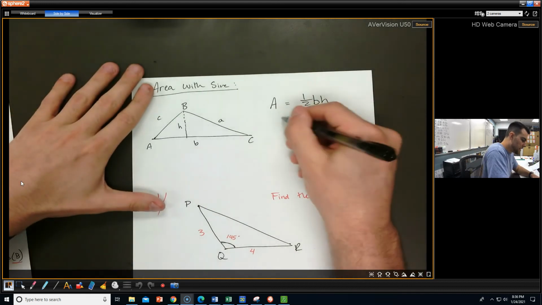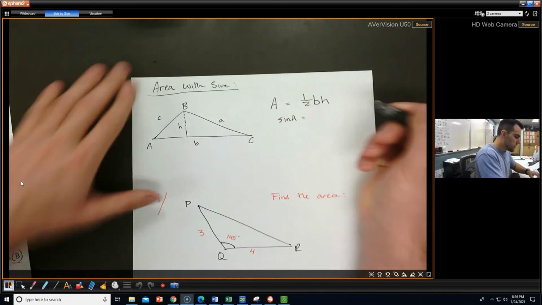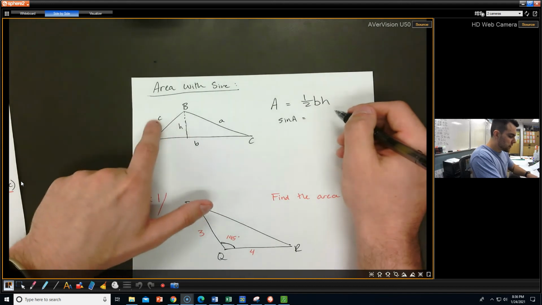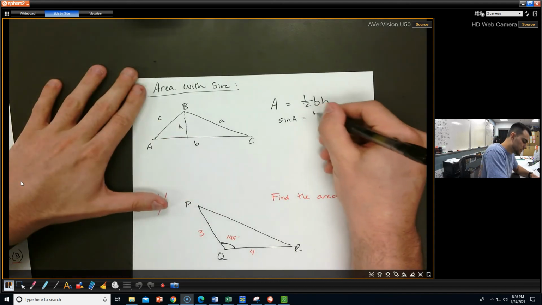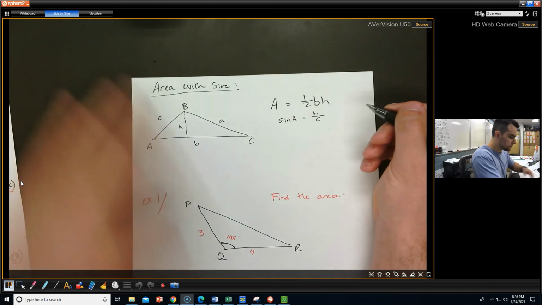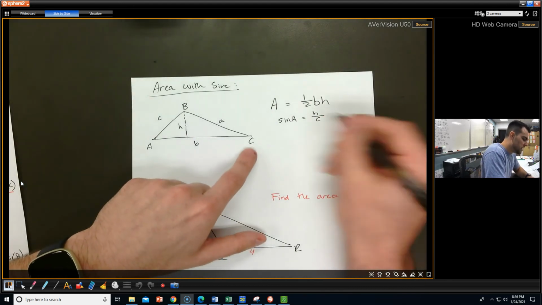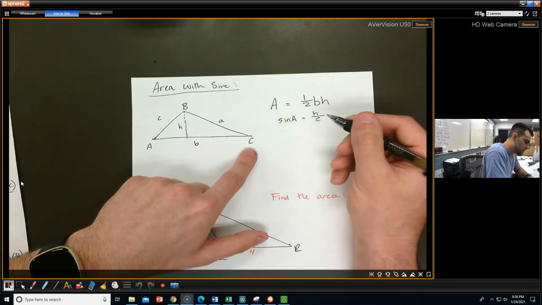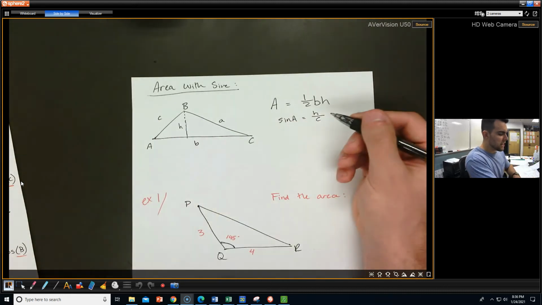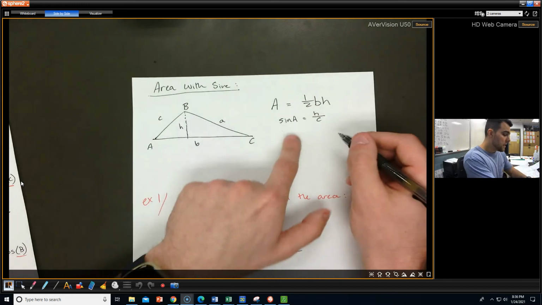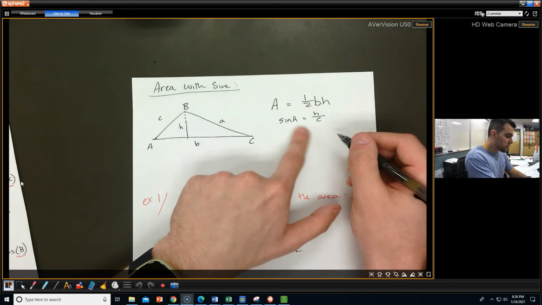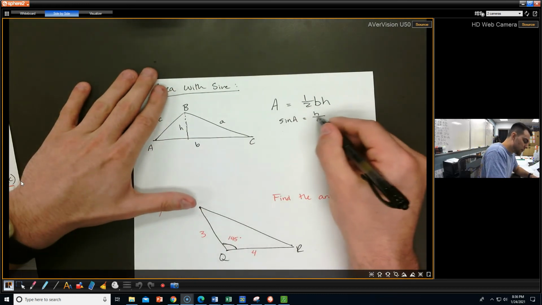So again, I know sine of A can be written as opposite over hypotenuse, so h over c. We'll keep it with sine A. Well, that means I could actually rearrange this and solve for this height right here.